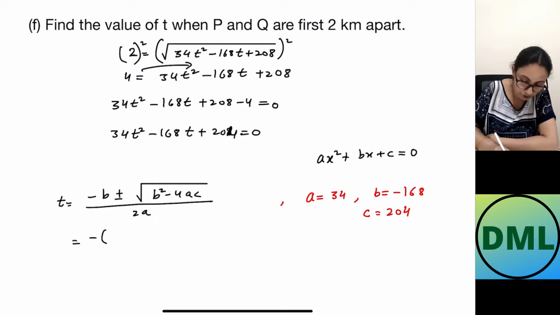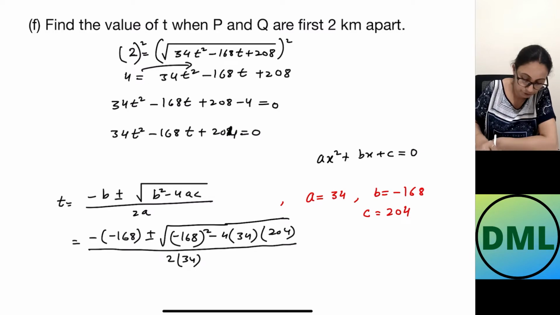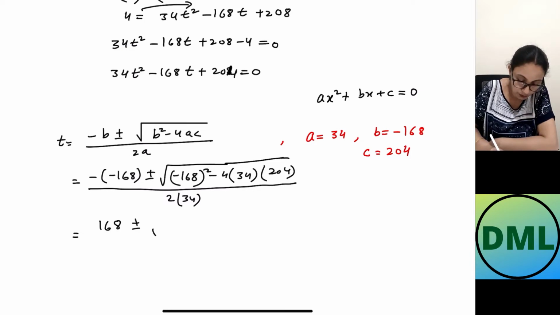Now I will substitute the values here: -(-168) ± the root of (168)² - 4 times 34 times 204, divided by 2a. 2a is 68. So that will be written as 168 ± the root of, if you solve this, 480, divided by 68.